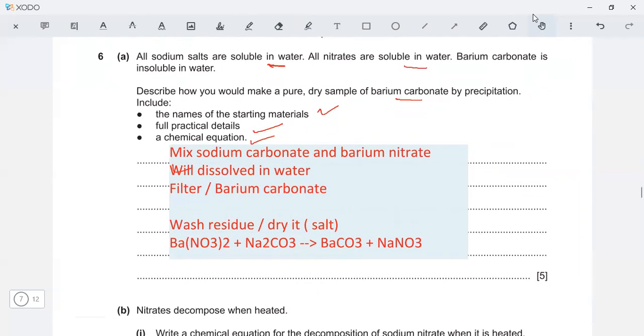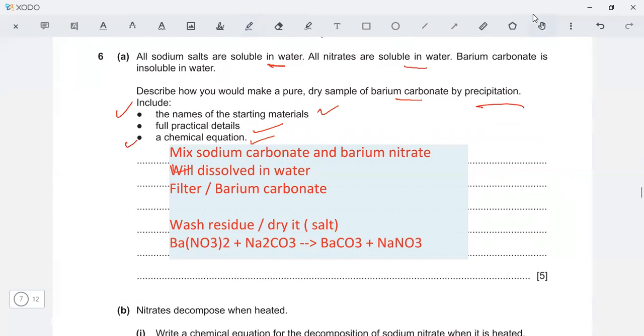A. All sodium salts are soluble in water, all nitrates are soluble in water. Barium carbonate is insoluble in water. Describe how you make a pure dry sample of barium carbonate by precipitation. Include the name of the starting material, full practical details, and the chemical equations.